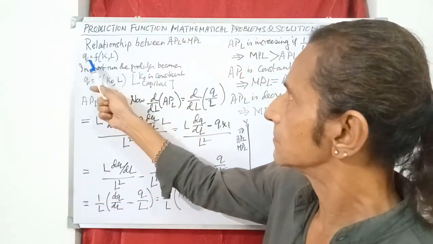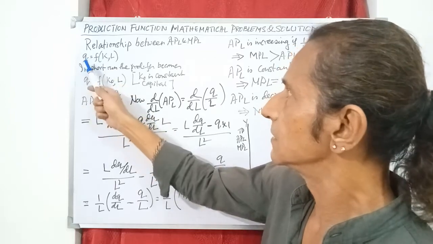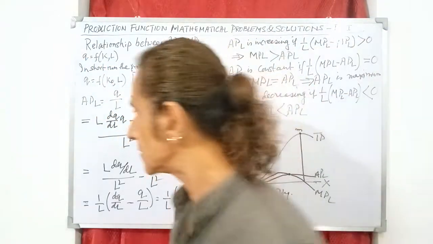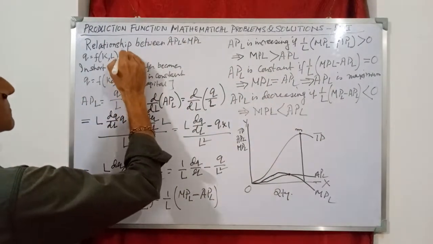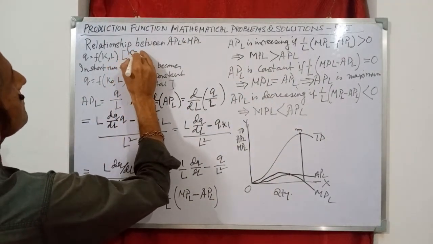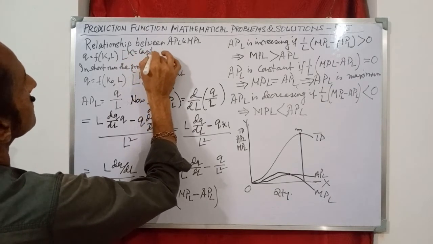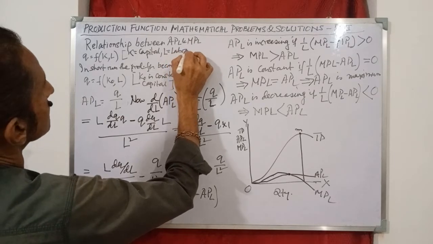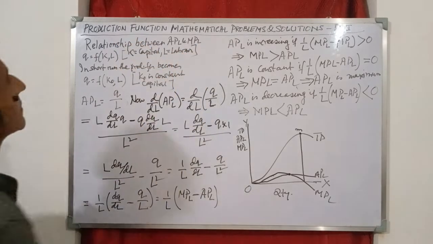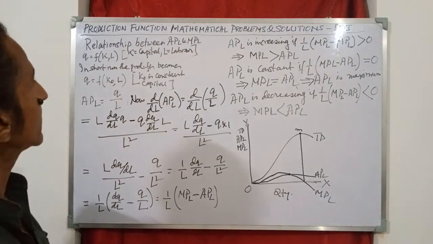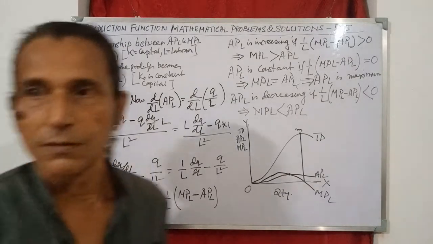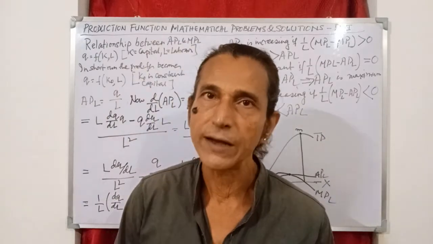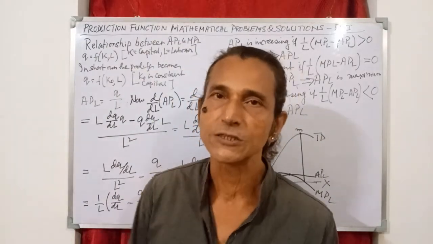We have taken the production function as Q equals F(K, L). K is capital and L is labor. Now in the short run, the amount of labor is increased while the amount of capital is held fixed.